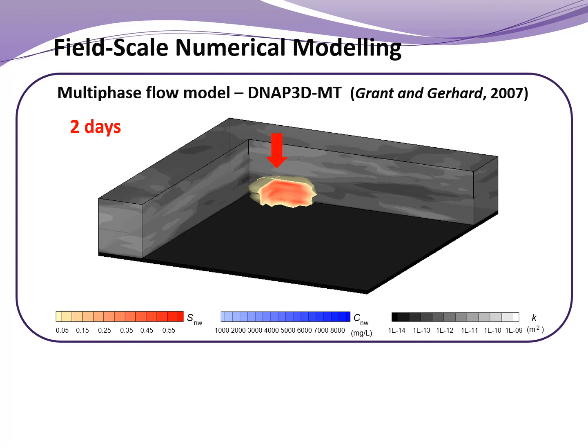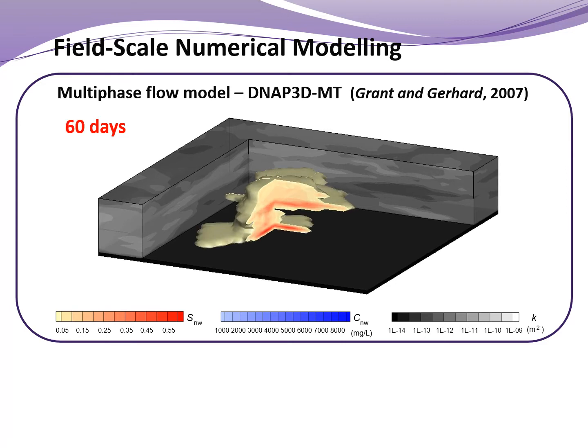So looking here at the multiphase flow model, we've released tetrachloroethylene over 5 days, and then turning off the source, you can see the tetrachloroethylene redistributing in the subsurface over 6 months. And this is typically our scenario prior to remediation. You can see here 0% remediation.